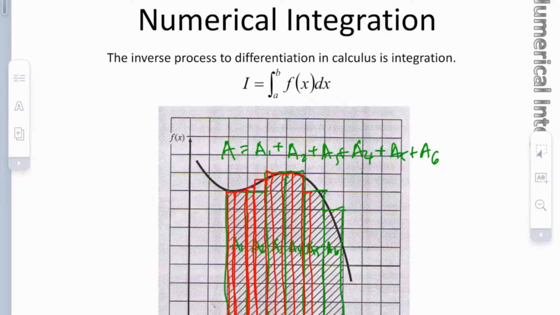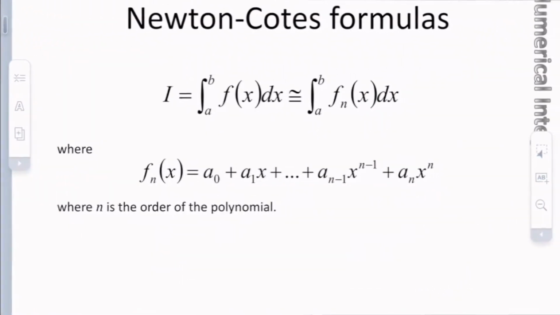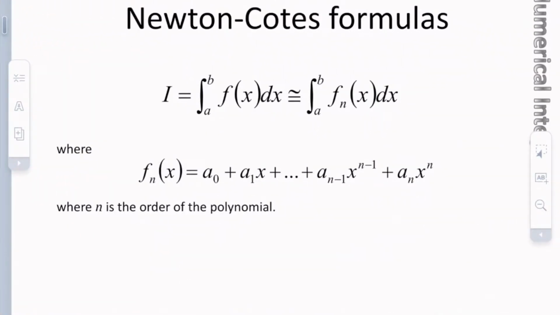Mathematically, we say that if we let the interval size approach 0, then the error of the integrating function is also reduced considerably. The Newton-Cotes formulas are the most common numerical integration schemes.